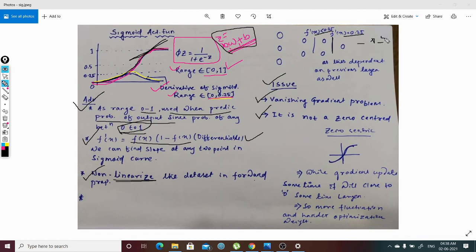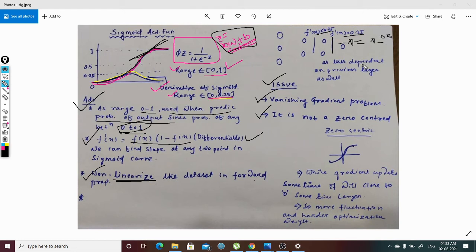So 0.25, and it may give you very much less than 0.25. Then we multiply by something less than 0.25. So with a large number of layers, we get a multiplication of 0.25 and values less than 0.25.